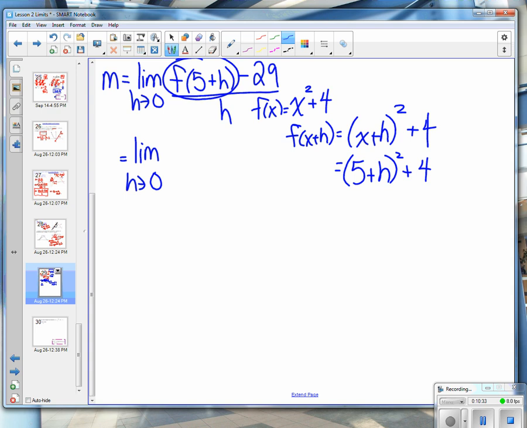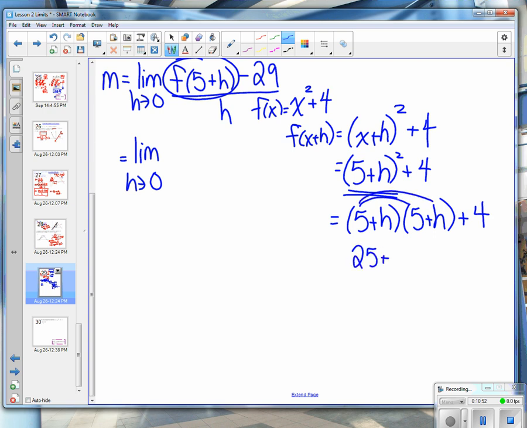Now because this is a binomial and I'm squaring it, we're going to have to either FOIL it out or you can just think about doing it in your head. I'll do it the long way first. So foiling it out, we're going to have 25 plus 5h plus 5h plus h squared plus 4.